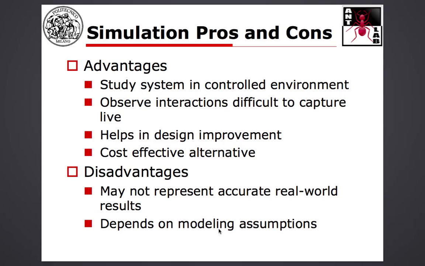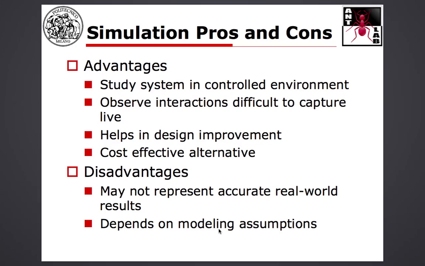We can observe interactions which are difficult to capture live. For example, what happens when one packet is lost, or when a hundred consecutive packets are lost. These situations may be difficult to achieve in real life, so we can shape our simulation to behave exactly as we wish.